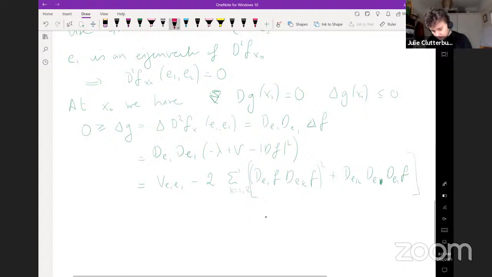Now, this, if we stare at it long enough, we can realize that this is a gradient of G term. And so it's equal to 0.